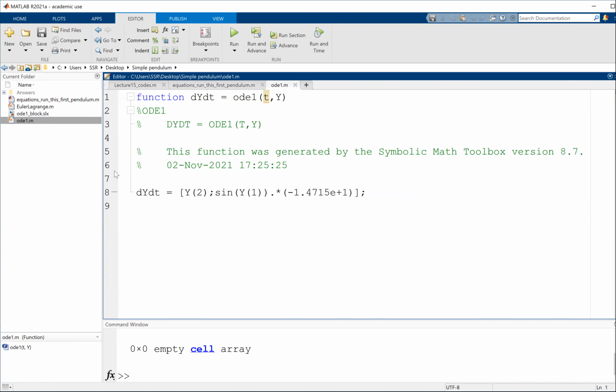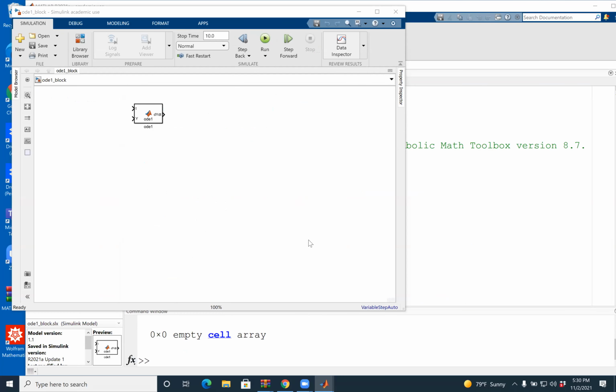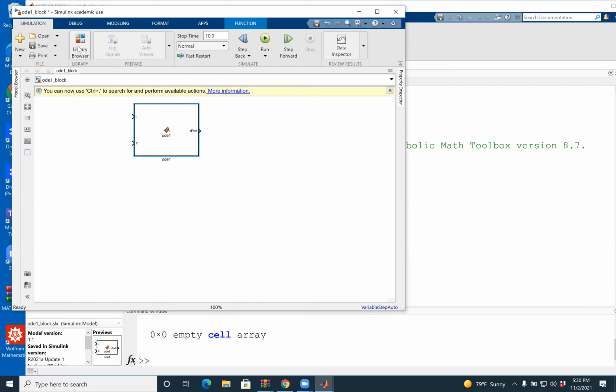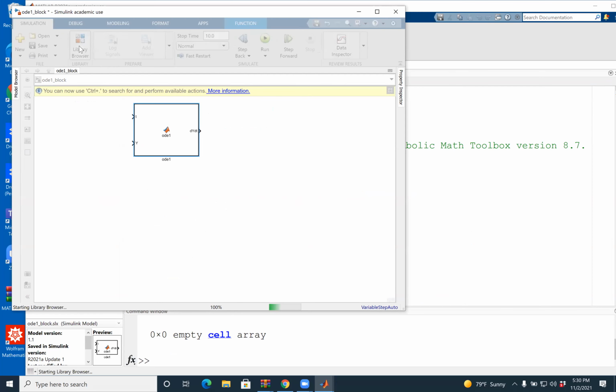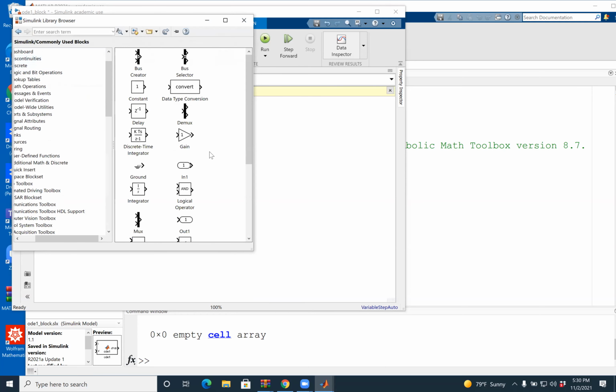You open the ODE1 block SLX, which is the Simulink block. Let me share my screen. In the Simulink block, you will have this function. Go to the library browser, then to the commonly used blocks.